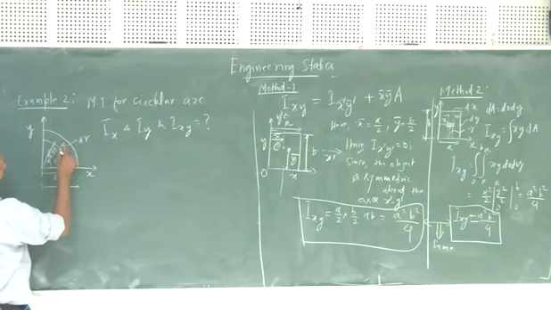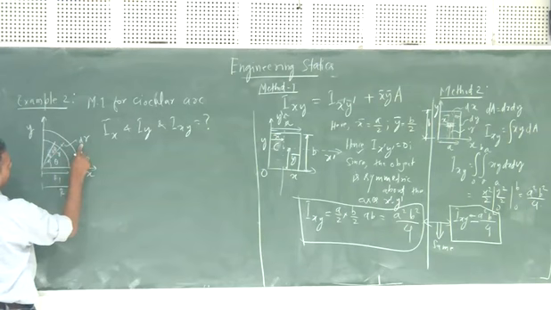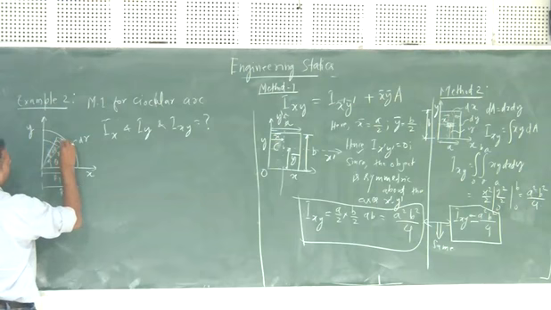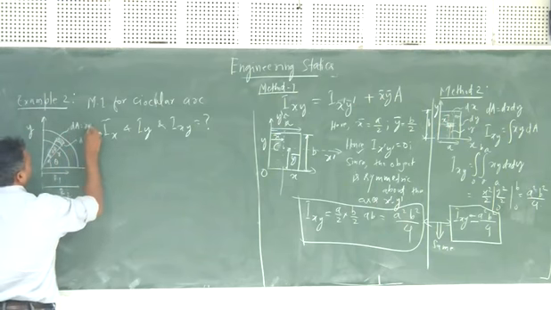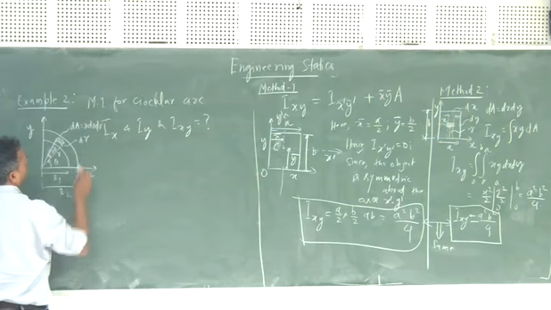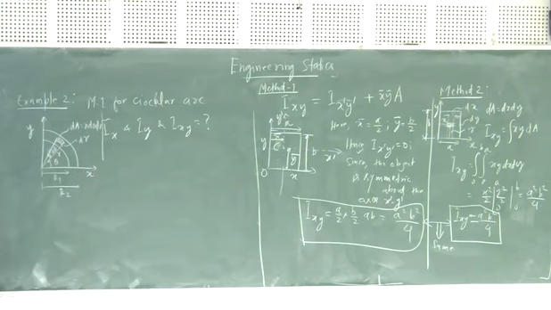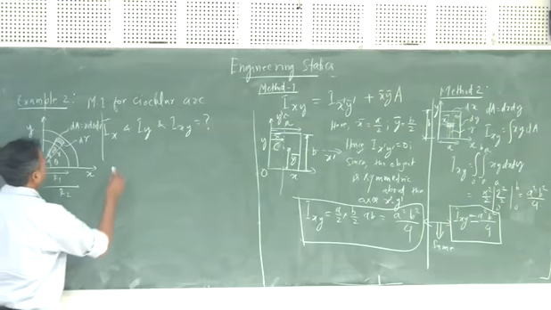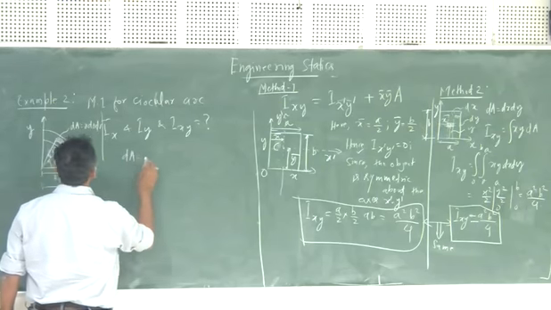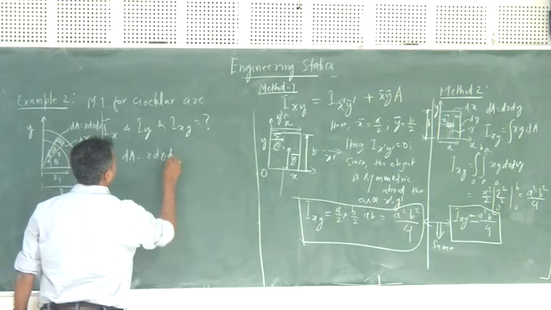So this is r, and then there is a small change dr, and there is theta, and a small change in theta. So dA is nothing but r d theta dr, right? In this particular case, the area dA is given by r d theta and dr.